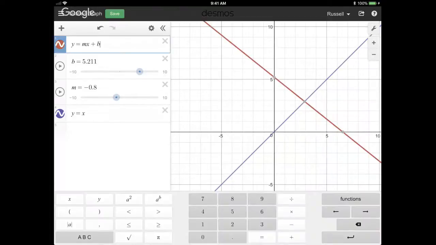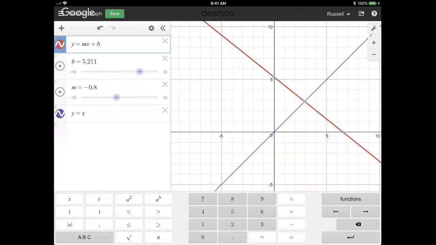You can see one of the convenient things about Desmos is you can actually write the general form of an equation and then fill in values for your parameters. This can be a useful strategy if you're wanting to fit a line to a certain point, or if you're just trying to state the general form.